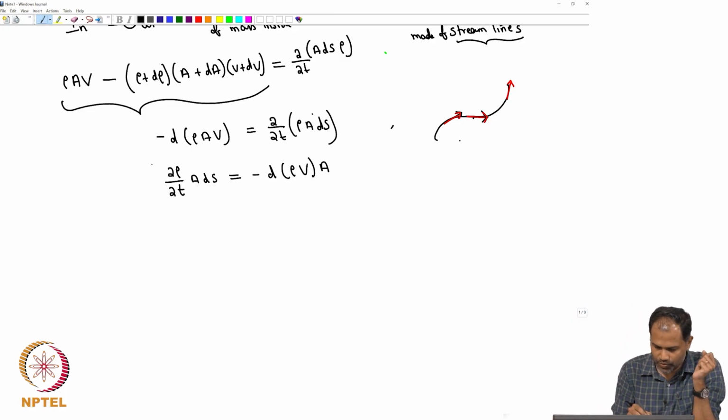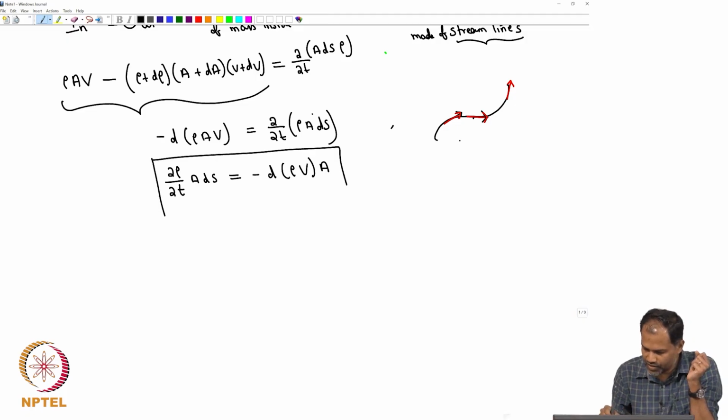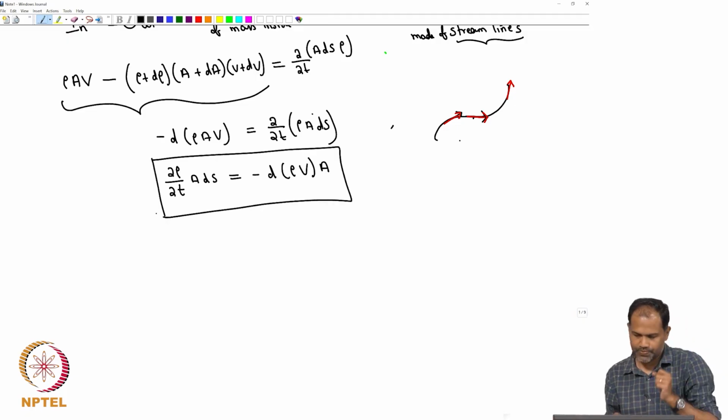That is what the mass conservation equation gives you.